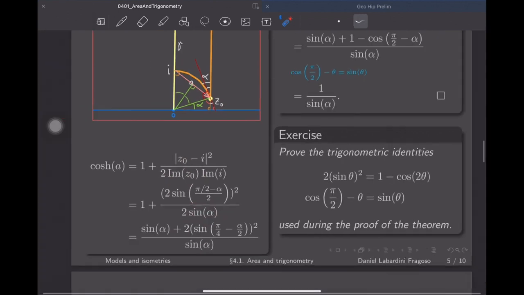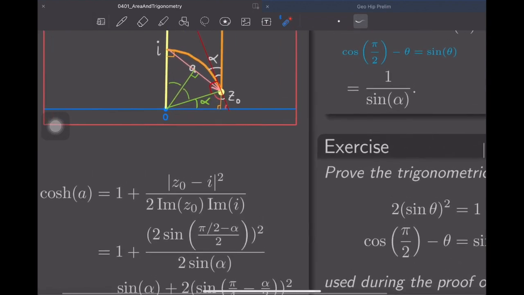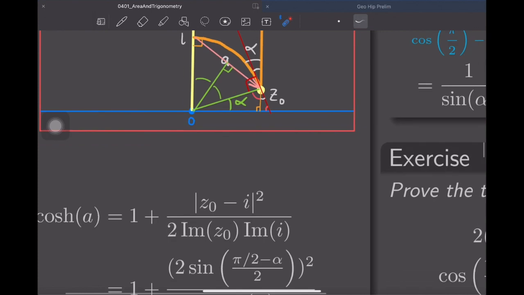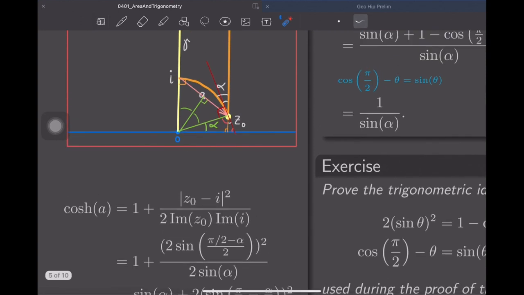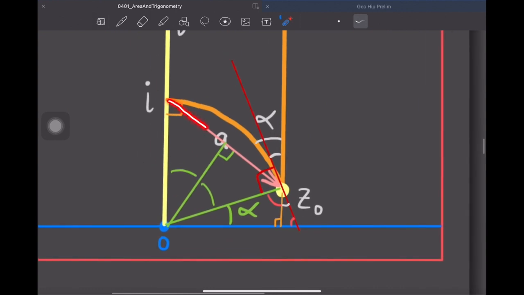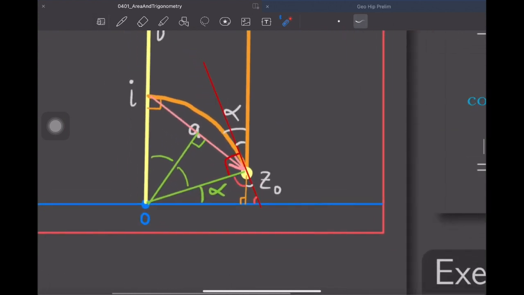Now I want to compute this one: Z0 minus i, squared. The square I'm going to leave there. But you see, this is the norm of this vector, Z0 minus i, and I want to measure it in terms of alpha.